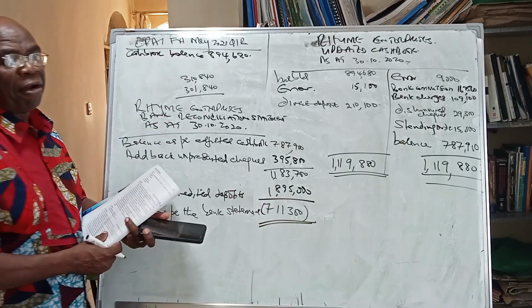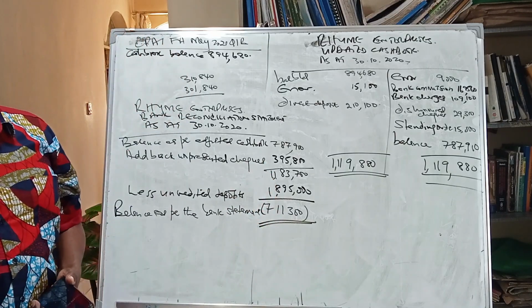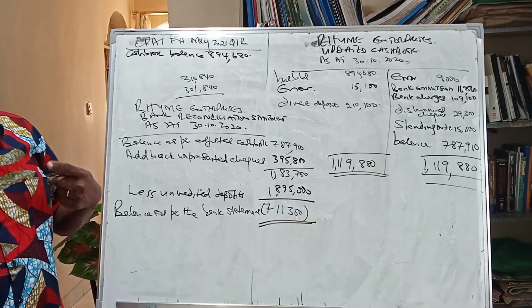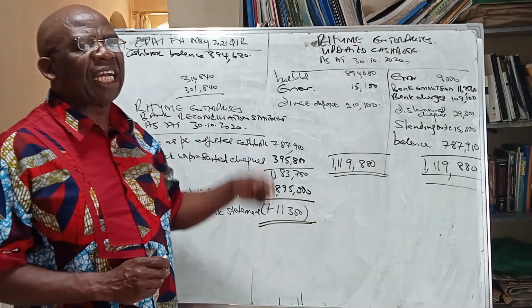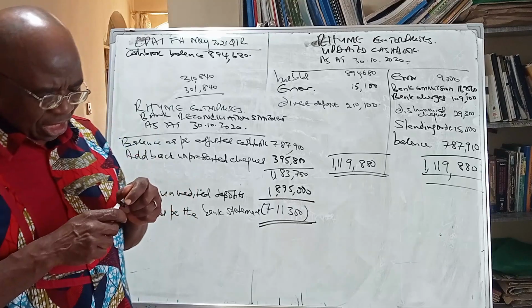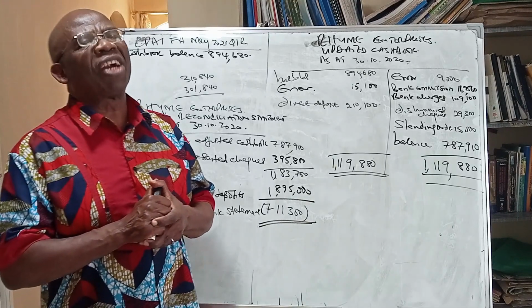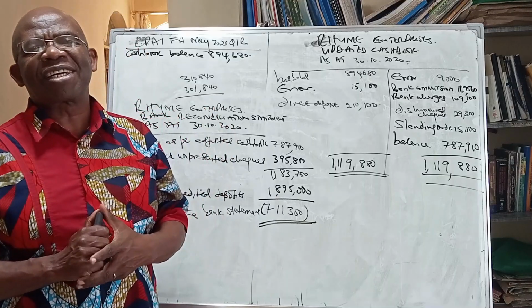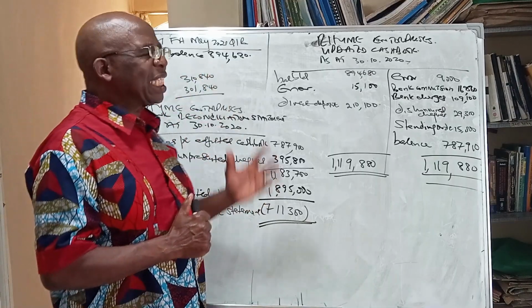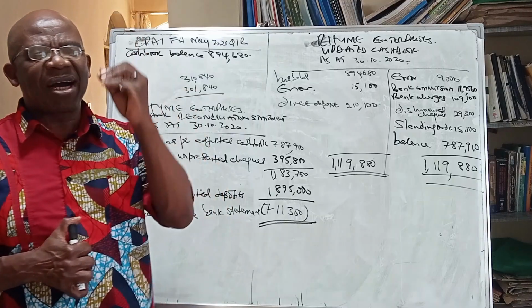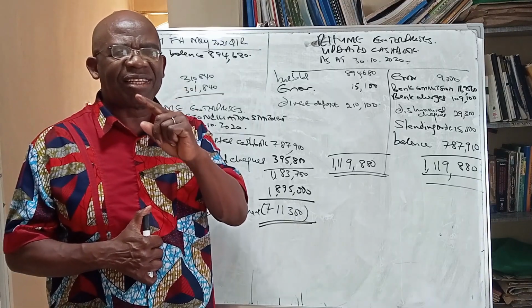Please, never forget the two methods and the arguments. Students try to memorize this, and the reason they fail is because they want to memorize. Don't cram. We are saying, what is the reasoning behind the bank reconciliation statement? This is the reasoning.